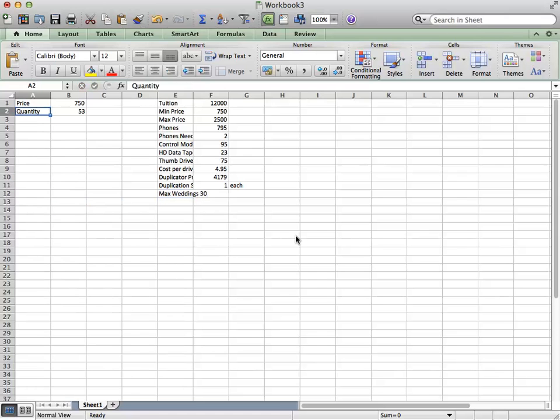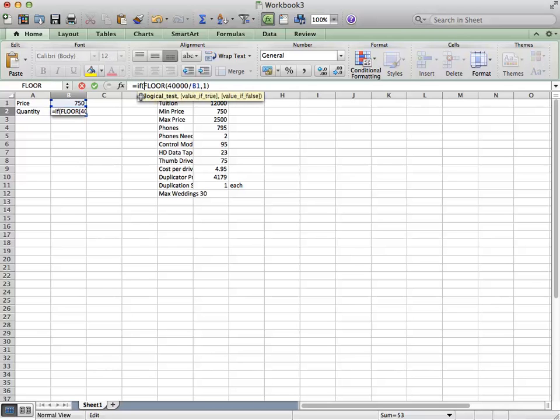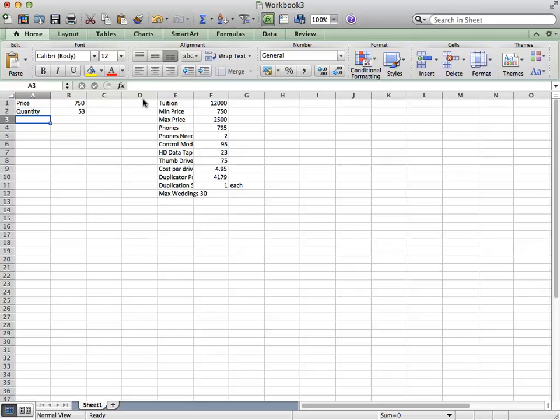And the way that we can do that is we can wrap an if statement around the floor. So we can say if this, well actually let's do it a different way. So quantity, we'll call this quantity possible. And quantity actual.